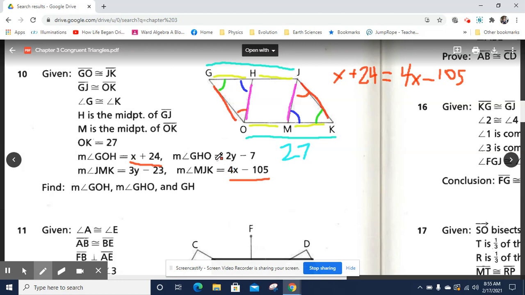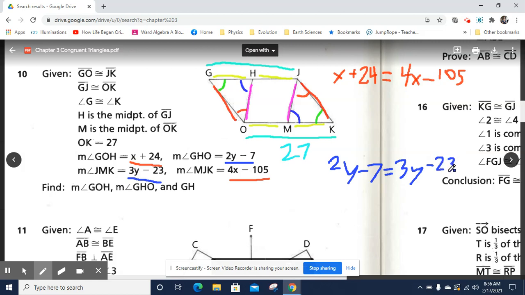Now let's look at GHO. Angle GHO is this blue one, and the other blue one is angle JMK, and those are conveniently using the same variable, y. So we can set a second equation up with those. Because those two angles are congruent, their measures are congruent, so we can say 2y minus 7 equals 3y minus 23.